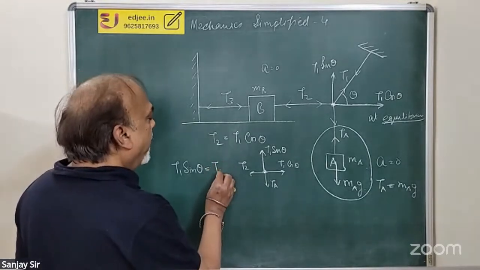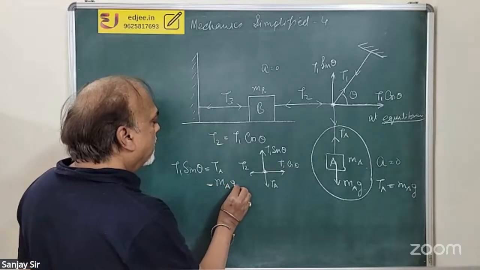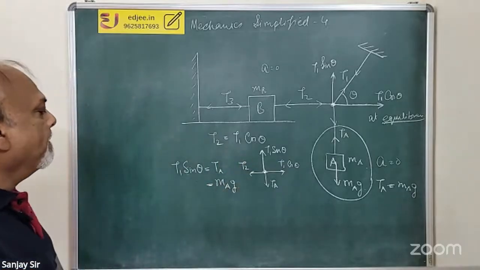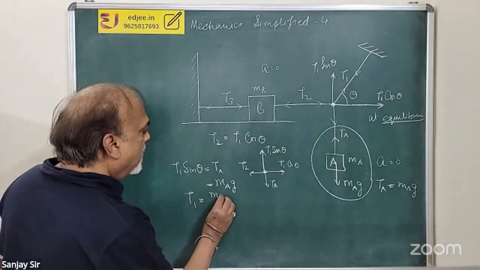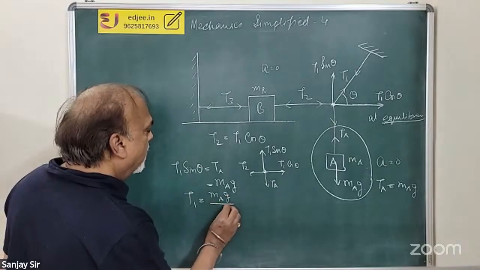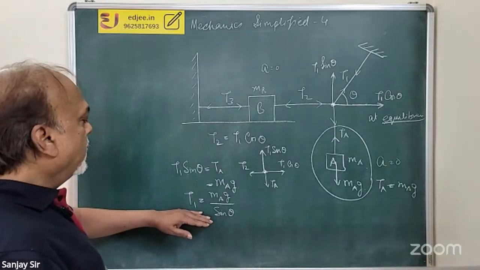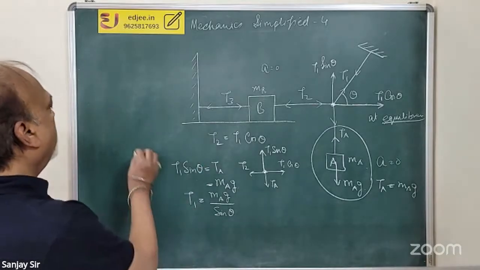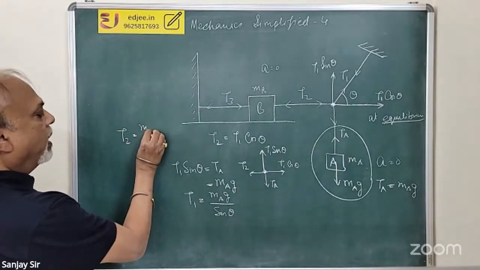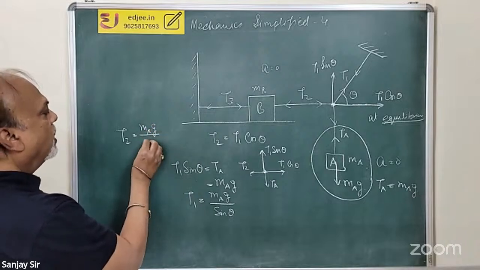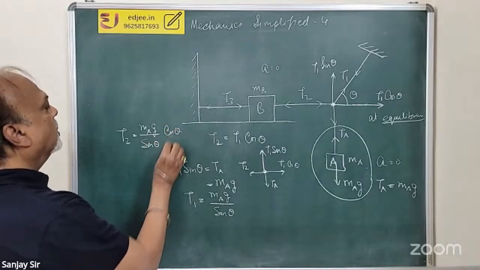It is equal to TA, and that is equal to MAG. That means T1 is now MAG upon sine theta. Since you know T1, you can know T2 also. T2 is nothing but now MAG upon sine theta times cos theta.